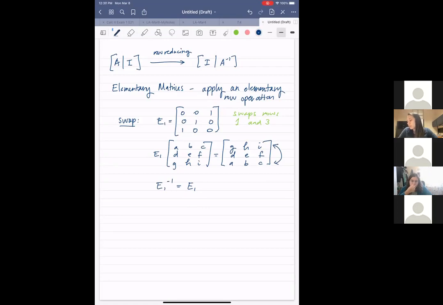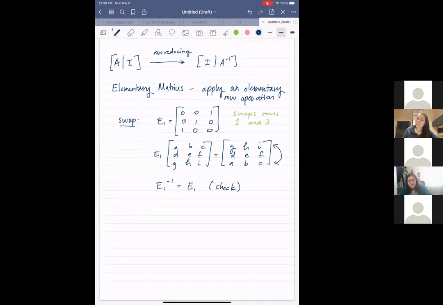You can also just think about how this works. If you were to swap rows 1 and 3, and then swap them again, you should get the identity, right? You should get the same thing back again. So this is something you can check. We won't do that.